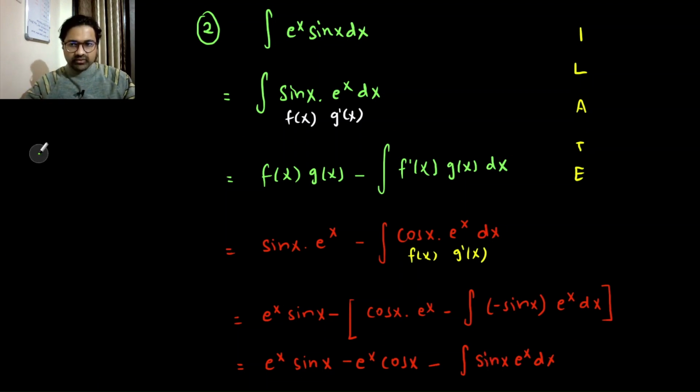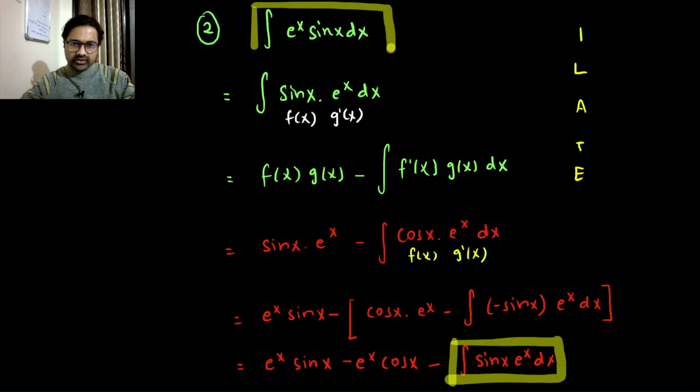So that's when we notice carefully, what is this? Don't you think this is our question? I mean, the order doesn't really matter, right? E raised to x sine x dx or sine x e raised to x dx, both are one and the same thing. So that's our question.